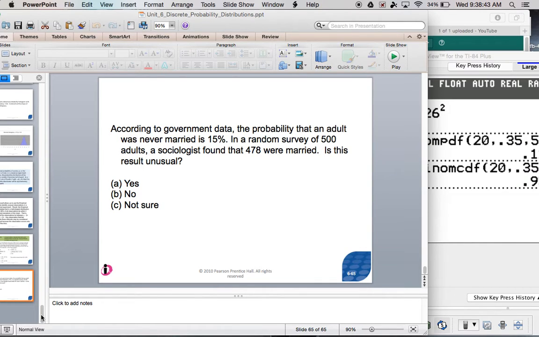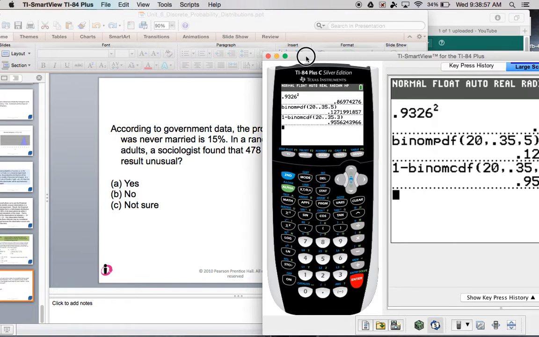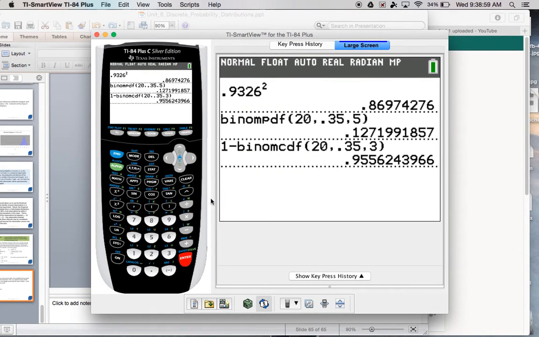Now, the last thing in this unit, which I don't see on the PowerPoint here, is Poisson distribution. So I'm going to bring this over here. You will have questions on Poisson distribution, okay?